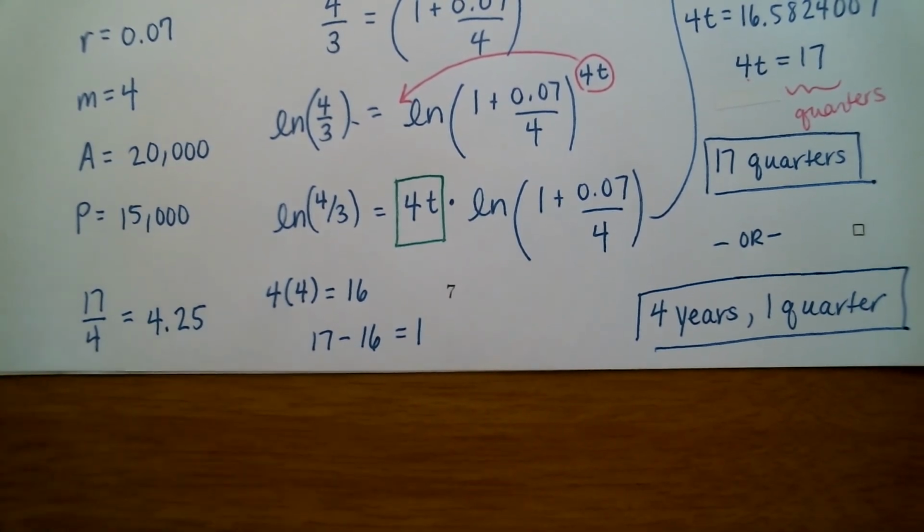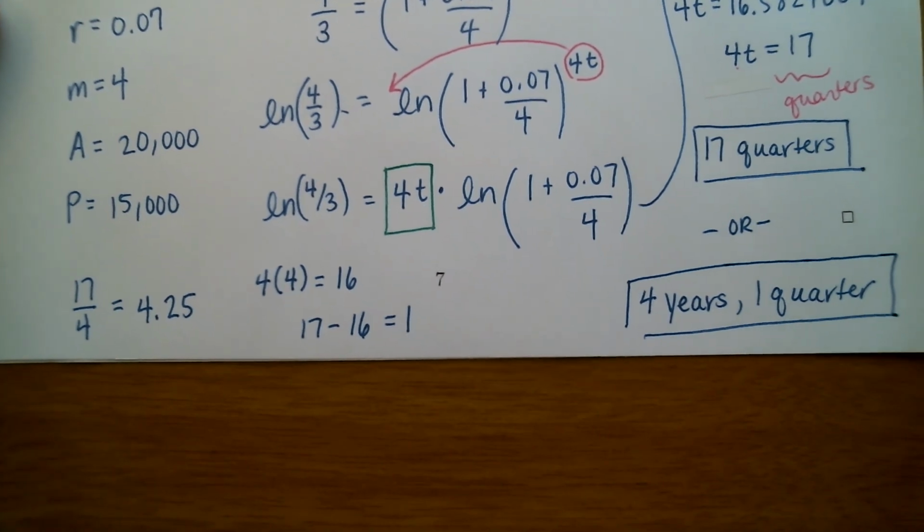So you have to be careful with how the question is stated. I know in examples 8 and 9, it wasn't specific. It didn't ask you to state the answer a certain way. But MyMathLab and quizzes and tests will ask you to state the answer a certain way. So make sure you understand how to convert between all the different ways you can state the time values.